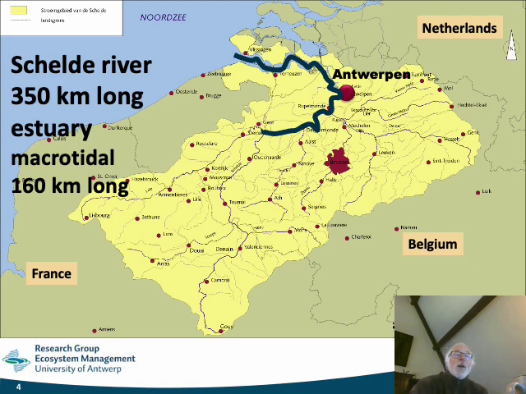It's only some 21,000 square kilometers, and the total length of the river is hardly something more than 350 kilometers. But the estuary is more or less half of the length of the river. It's 160 kilometers, and it starts in Ghent, here where you can see, and it's passing through Antwerp, crossing the Dutch-Belgian border to reach the North Sea in the Netherlands.